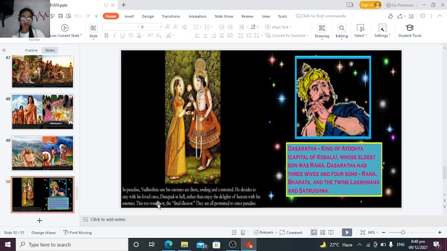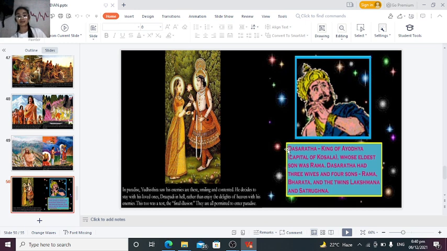This too was a test, the final illusion. They are all permitted to enter the paradise. So yan ang story ng Mahabharata. Ngayon naman, we have the next story which is the Ramayana.